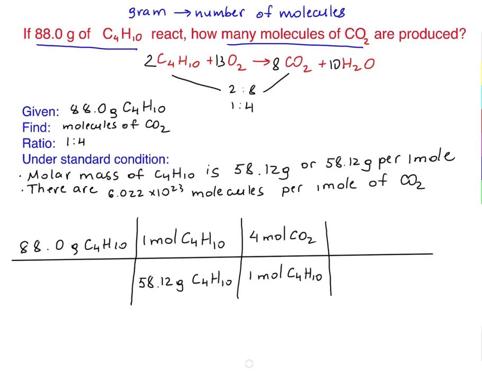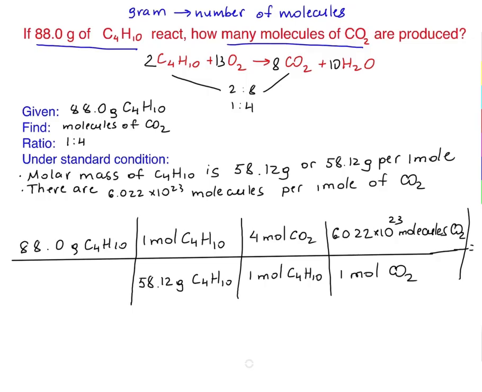And then next, you make sure you write the second standard. Under standard condition, you have Avogadro's number of molecules per 1 mole of CO2. That's how many molecules. And if you notice, that's the standard: in 1 mole of every molecule, you have that many molecules.